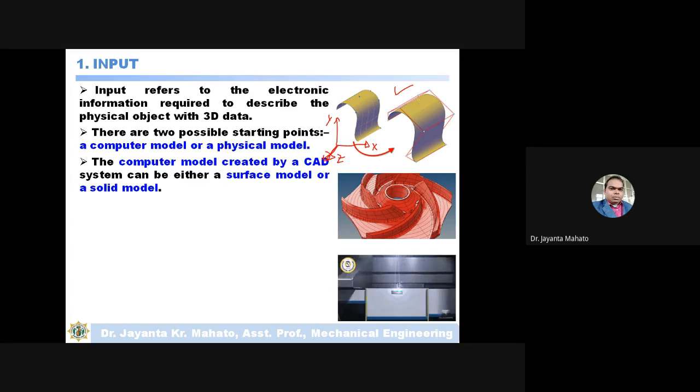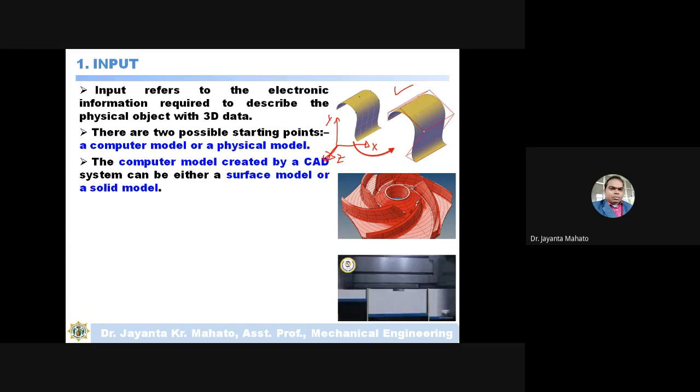Mainly, these models are created by CAD software, computer aided design. By using this computer aided design, you can create three-dimensional data of a physical model, and this model may be either a surface type or a solid type.